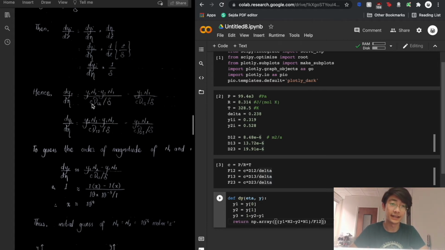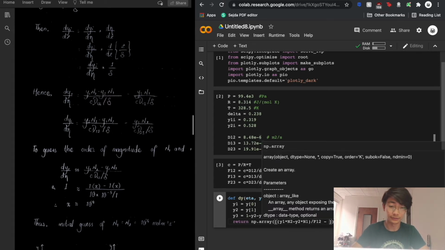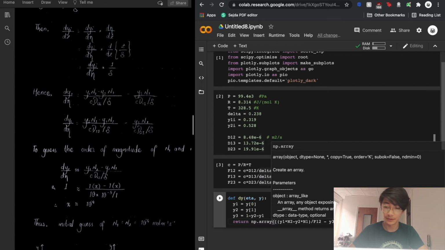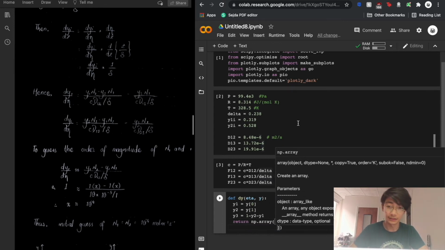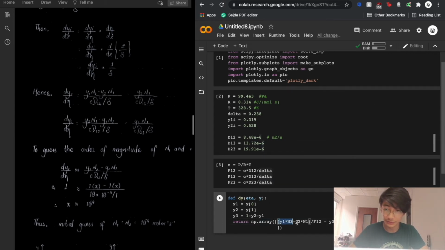Remember that c times d12 divided by delta is simply equal to f12, and subtract that from y3 times n1 divided by f13. And then our second element is also going to be very similar to this. So I'll just copy and paste it, except that y1 is going to be y2, that's going to be n1, that's y1 and n2.